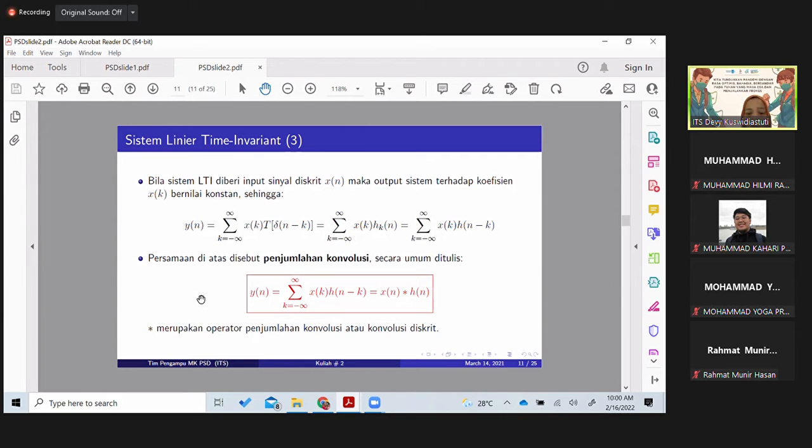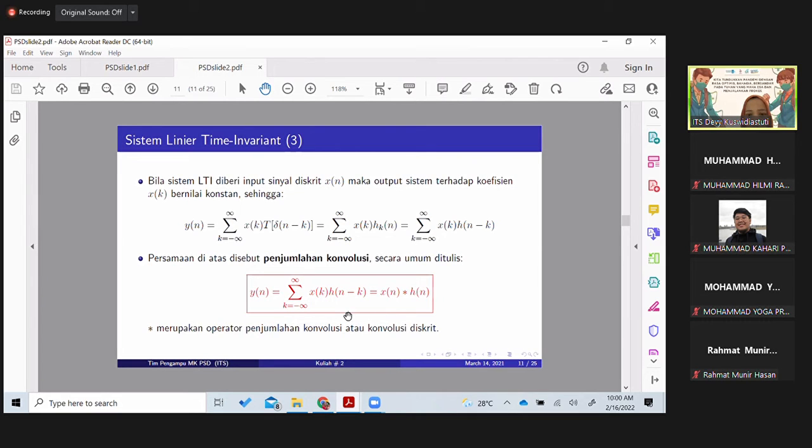It is defined that the output y[n] equals the summation, sigma from k equals minus infinity to infinity, of x[k] h[n-k]. And this is what we call the convolution summation. For simplicity, usually we only call it convolution.